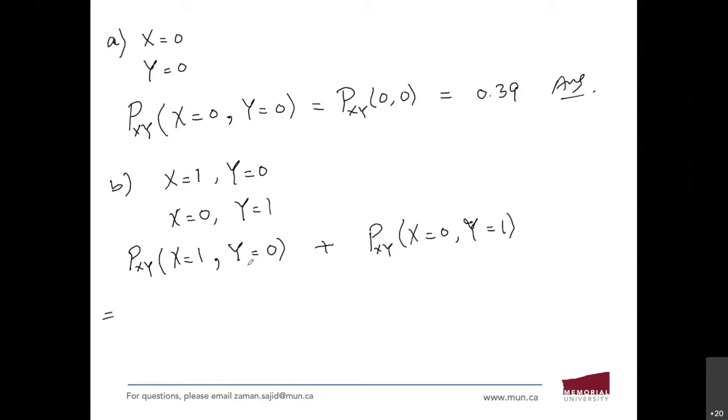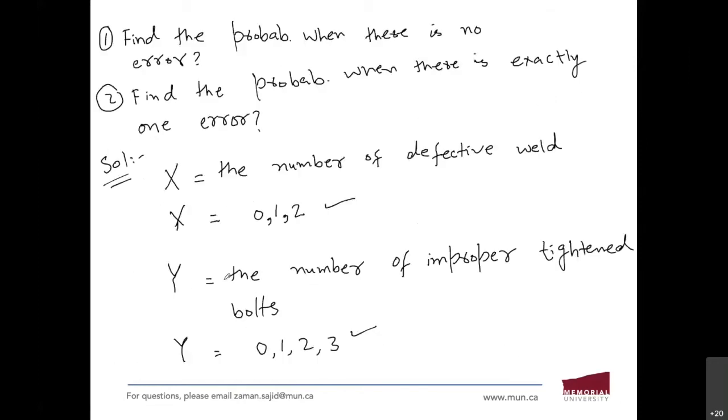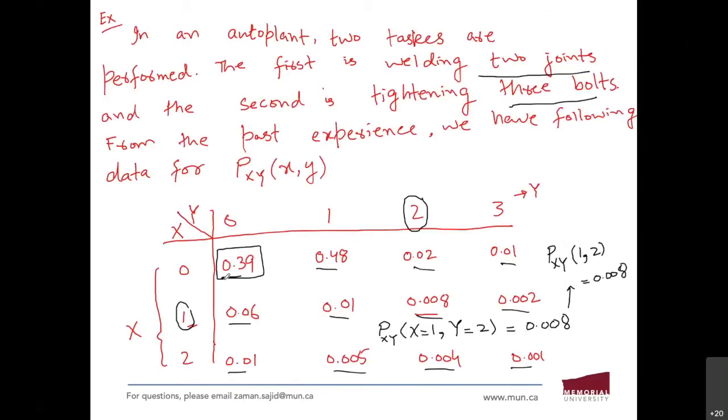Now let's go back to the table and see, at x equal to 1 and y equal to 0, what is my probability. So I'm going back to the tables now. This is my x equal to 1, this is my y equal to 0. I came down here and the value corresponding to this is 0.06.